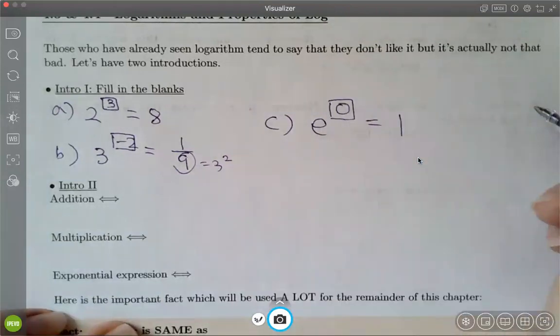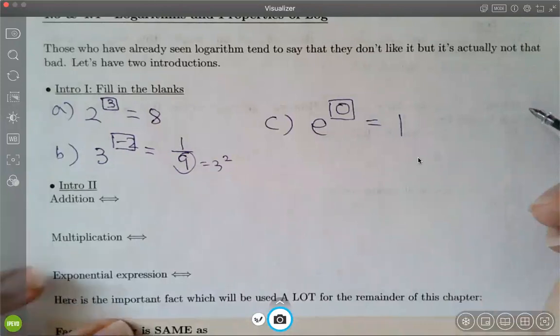Okay, because anything to the power of 0 is 1. So now what have we found on these three problems? We found the exponents, right? In fact, that's what we found, the logarithm. The log is finding the exponents.